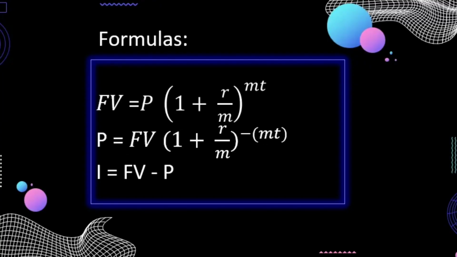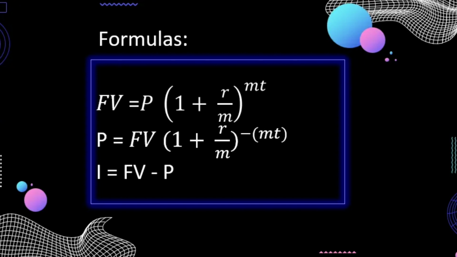Now that we know all the elements, the formulas we are going to use are translated as: future value equals principal amount, open parenthesis 1 plus rate over number of interest periods in a year, close parenthesis, raised to MT, the number of periods in a year multiplied by term of loan.